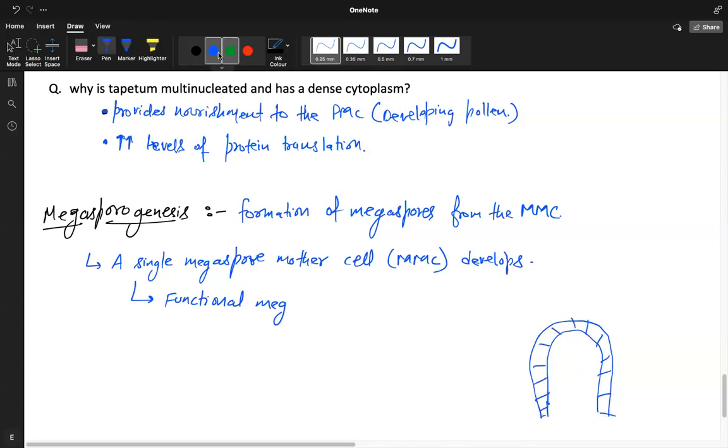Inside, surrounded by it, will be a megaspore mother cell that will give rise to tetrad cells 1, 2, 3, and 4. These are the 4 cells of the tetrad. The outer layer is the nucellus. Can you see this in figure 2.8? Yes. And the black inside is the megaspore tetrad.